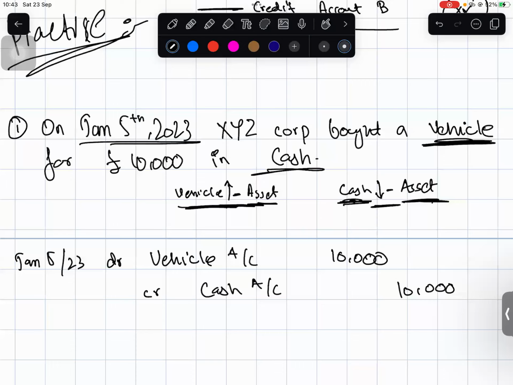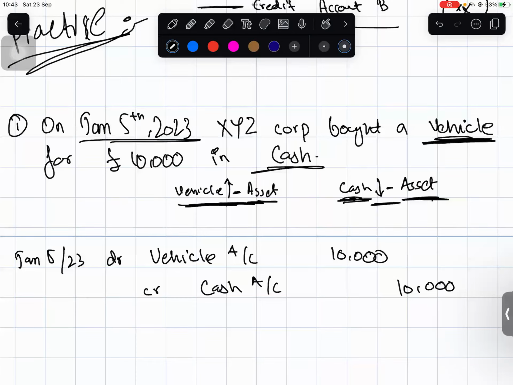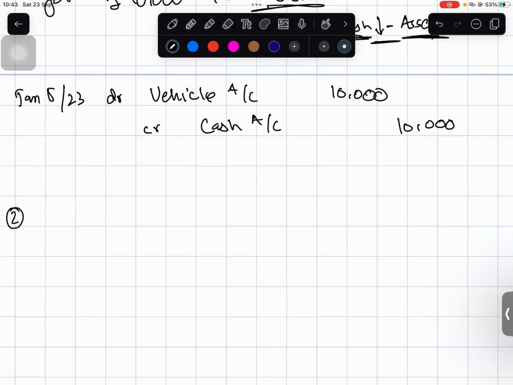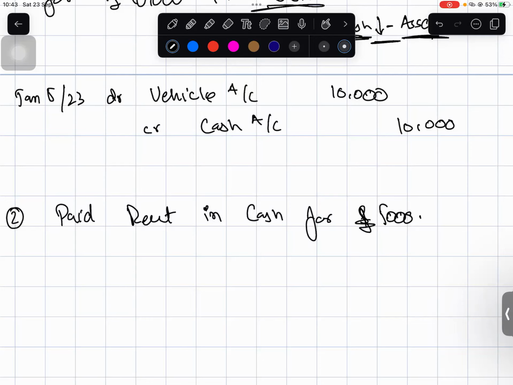Now let's do a few more examples. Number 2 would be, let's say we paid rent in cash, £5,000.